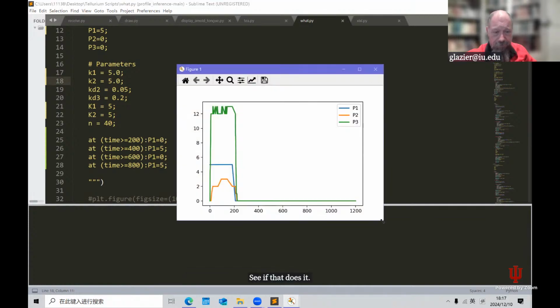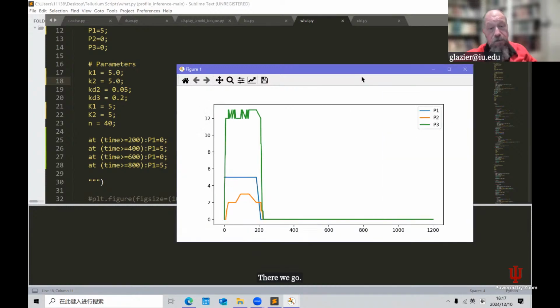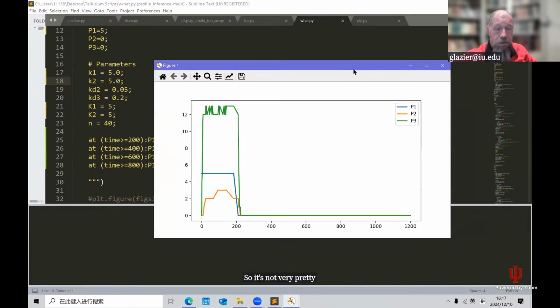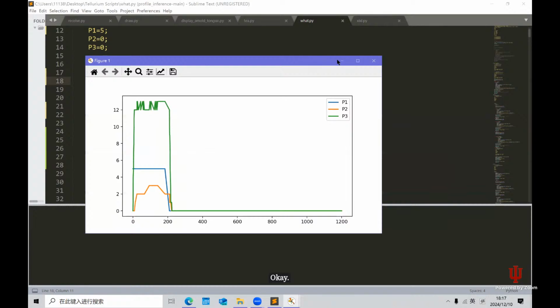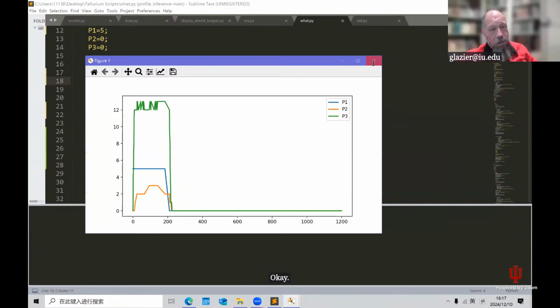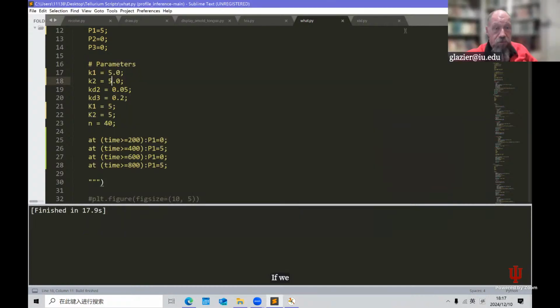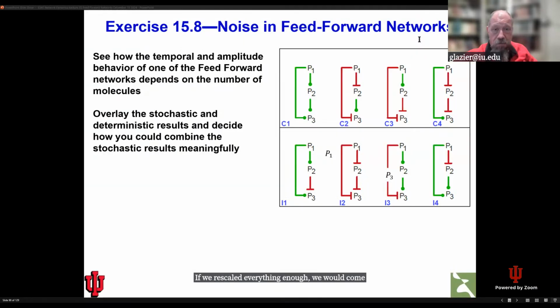There we go. It's not very pretty, but okay, so that works. Now, if we rescaled everything enough, we would come back to what we had before, to the initial.